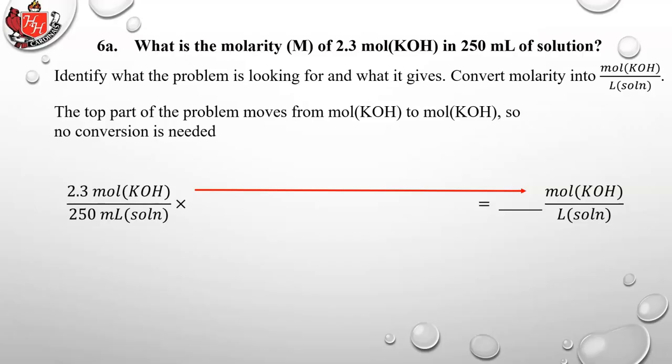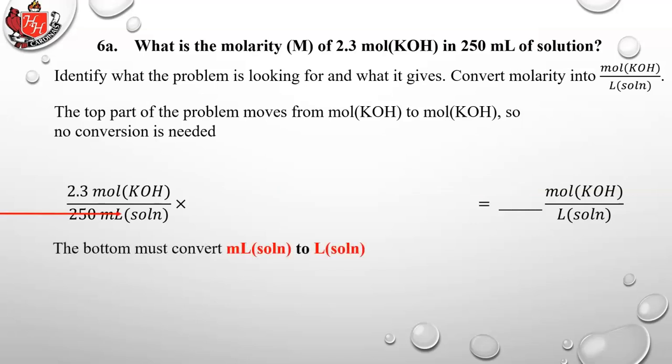So now we go to the bottom story, the denominator, and we're going to have 250 milliliters, and we need to convert to liters. We're going to use one of our 4 standard conversions of milliliters to liters. The one we use is 1,000 milliliters equals 1 liter of solution. So you just have to decide which one goes on top, which one goes on bottom.